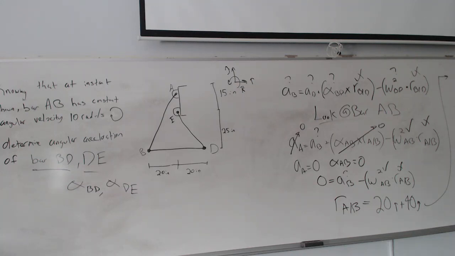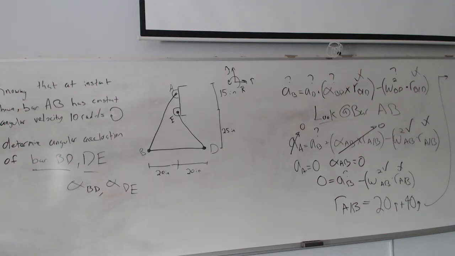Base equation, velocity of B is equal to the velocity of D plus the angular acceleration of bar BD crossed with the position vector. I don't have velocity of D, can get this. I'm trying to get angular velocity of BD, so that's okay, but I still don't know velocity of B.